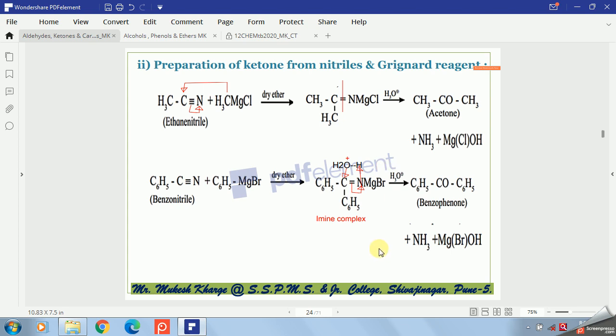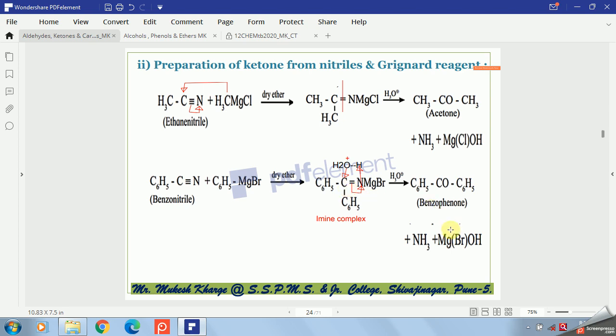Okay, so OH2 is added to this carbon and hydrogen is added to this. What we get is C6H5 C OH2 single bond NH, and then again break the bond between carbon and oxygen, and transfer that hydrogen to NH.